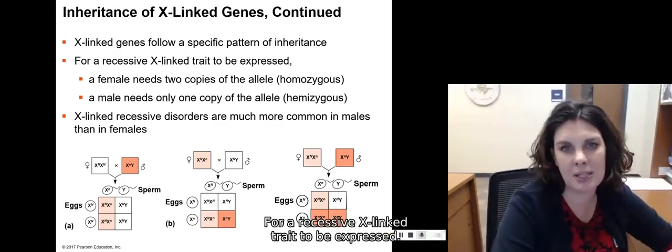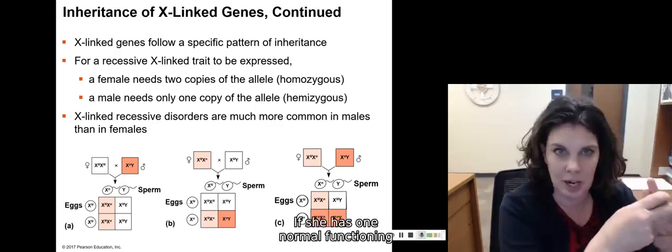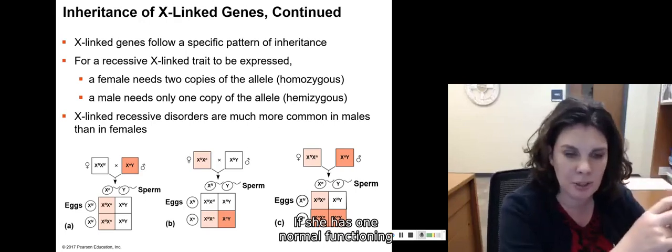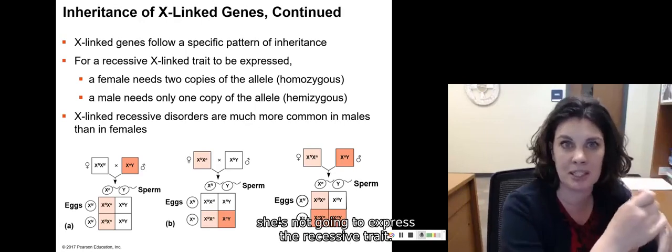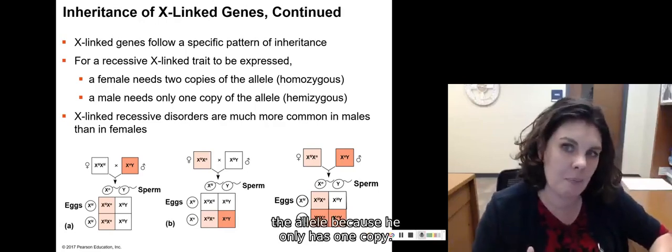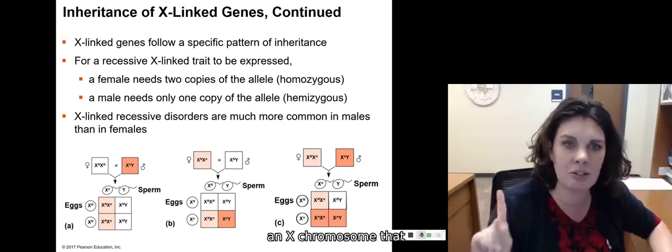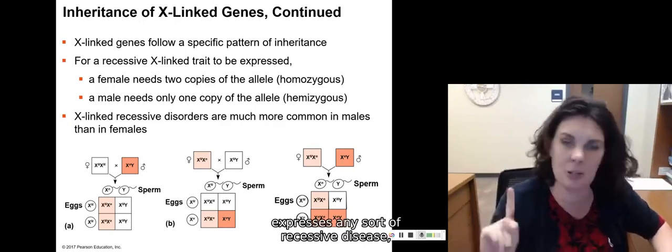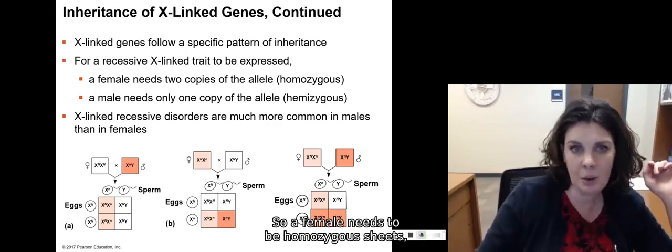we see in any of your autosomes. For a recessive X-linked trait to be expressed, a female needs 2 copies of the allele, right? If she has one normally functioning allele, then she's not going to express the recessive trait. A male only needs 1 copy of the allele because he only has 1 copy. So if he inherits an X chromosome that expresses any sort of recessive disease, he's going to have that disease.